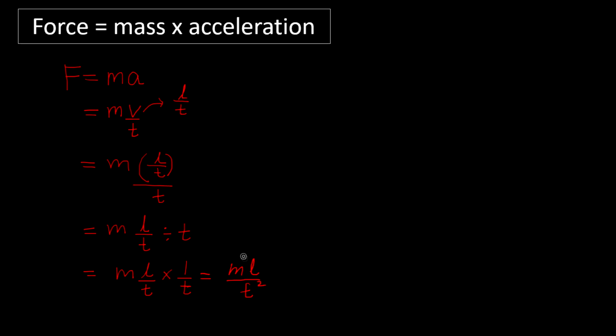Now we relate force with the base quantities. So it becomes mass times length divided by time square. So from here, we can derive the base unit. The unit for mass is kilogram. L is the length, which is in meter.